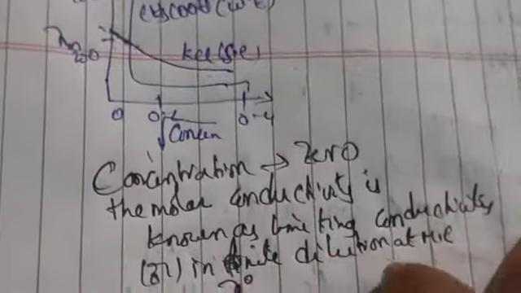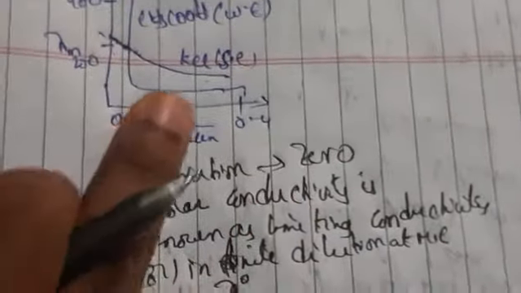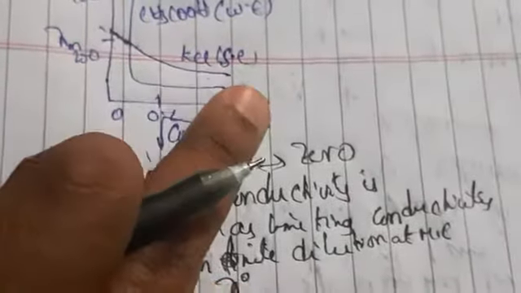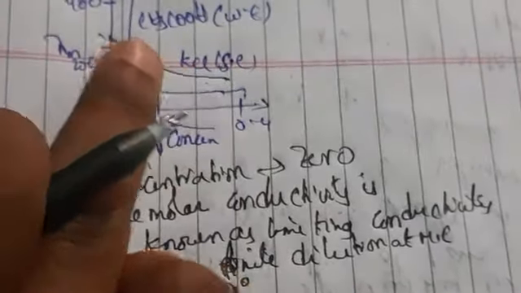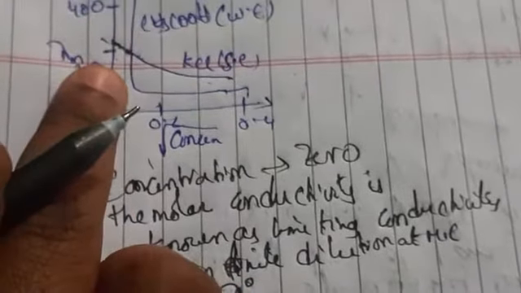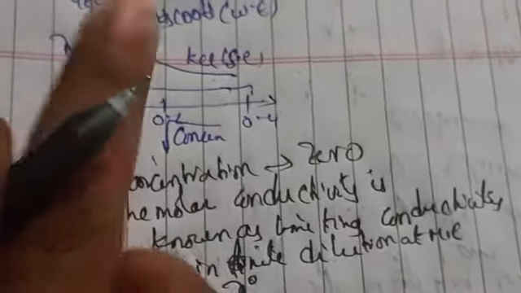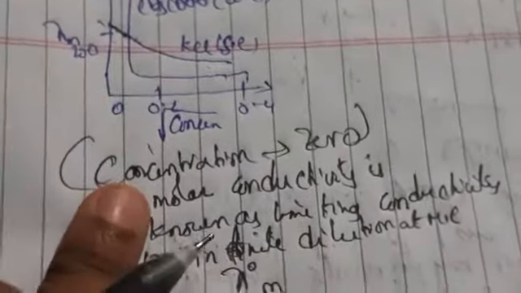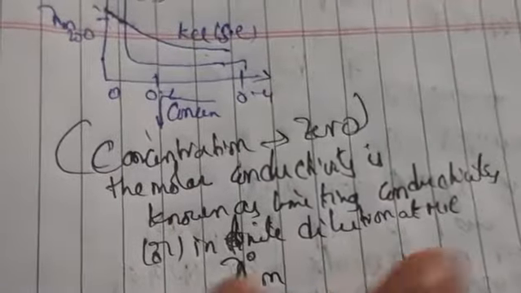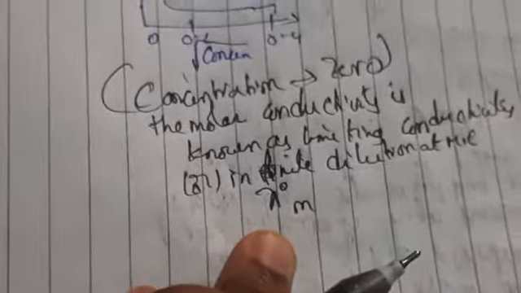We call it limiting conductivity because as the dilution increases slowly, the graph approaches the limiting molar conductance.